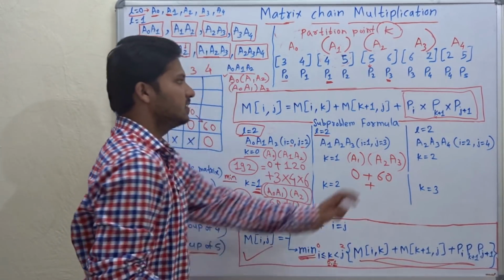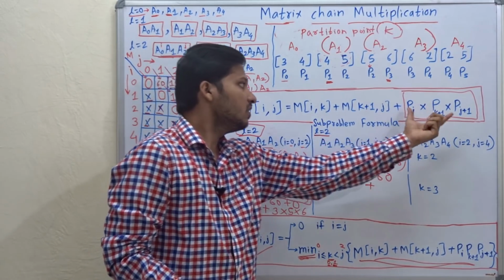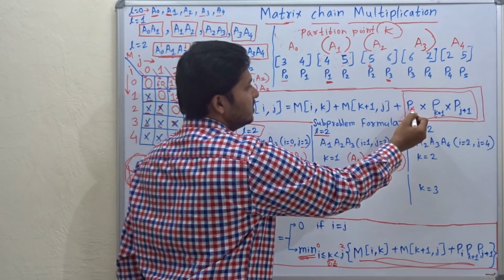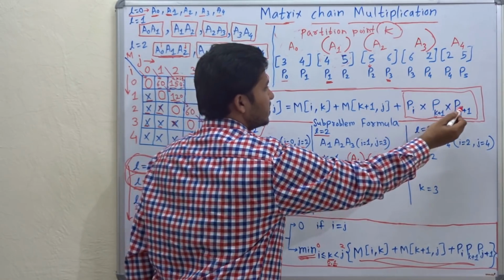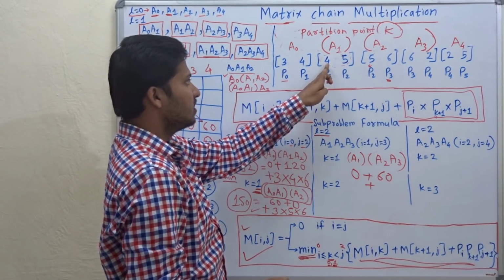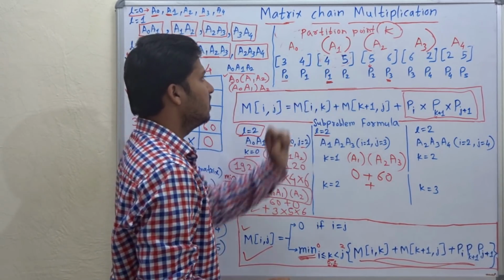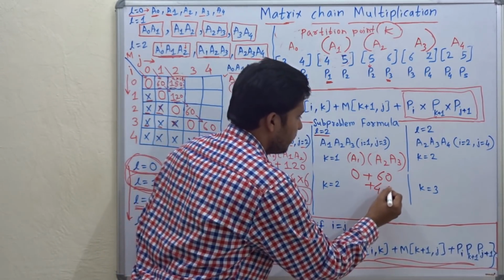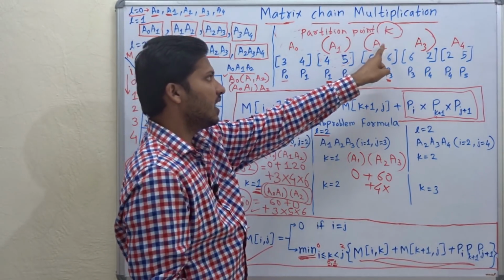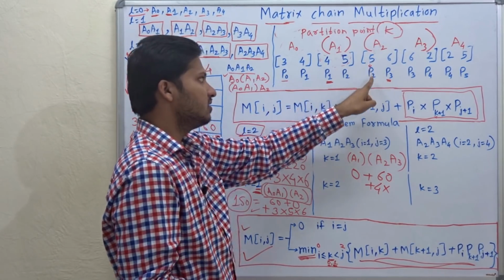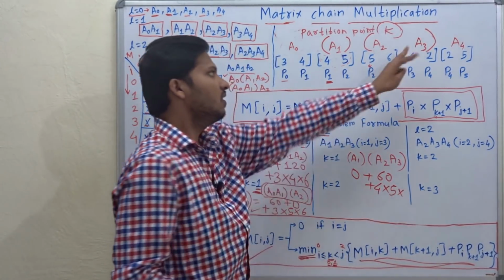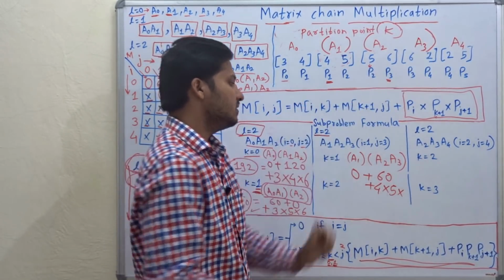Plus the cost for multiplication of the results, that is p i into p k plus 1 into p j plus 1, means the first dimension of the first partition, that is 4, then the first dimension of the second partition is 5, 4 into 5 into the last dimension, that is 2.